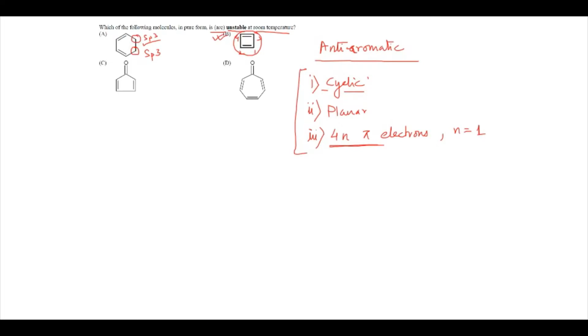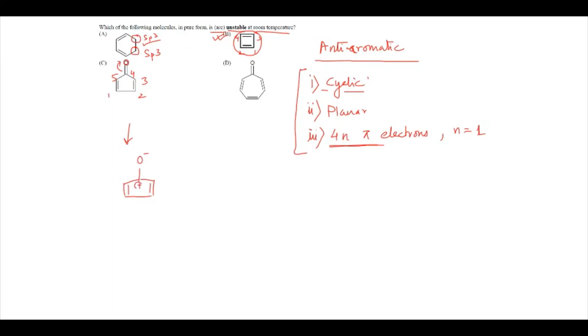In case of option C, we have a cyclic structure, a planar one, but we have 1, 2, 3, 4, 5 pi electrons. Now the problem is, although we are counting 5 pi electrons, we have an electronegative atom oxygen connected with the system. So this will actually take the pi electron from the carbon, and the structure will be like this, O minus and plus.